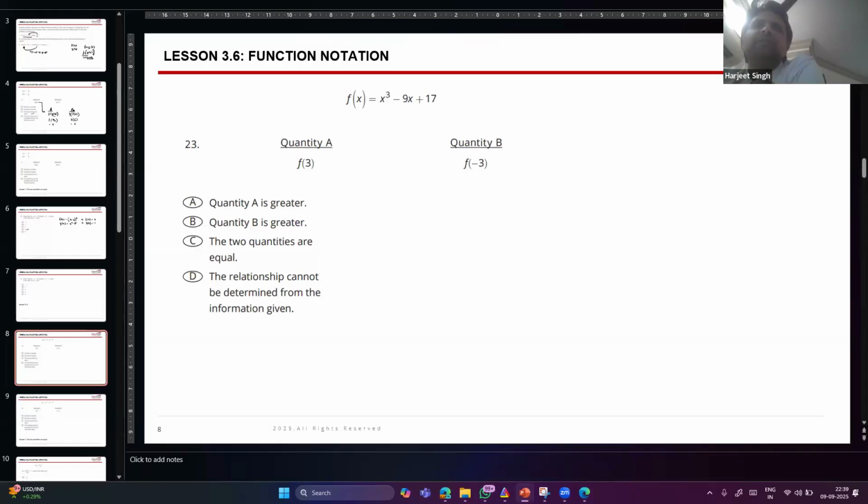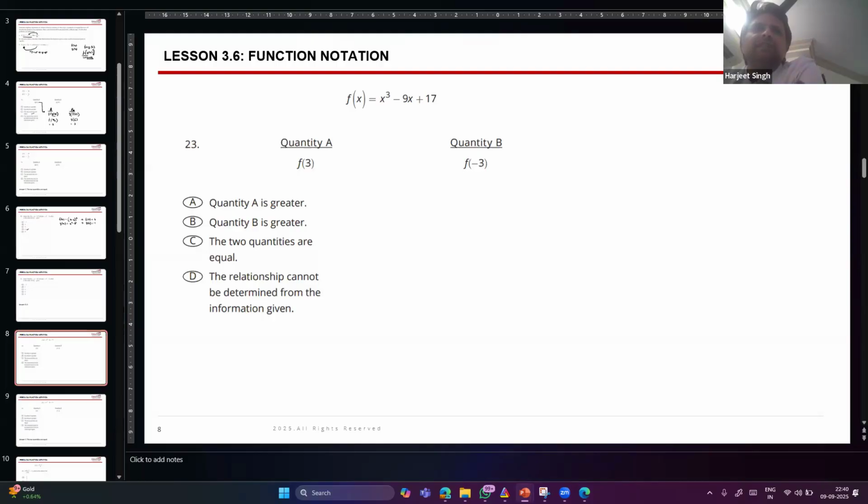f of x is given. And we are asked what is greater. So no need to solve this actually.